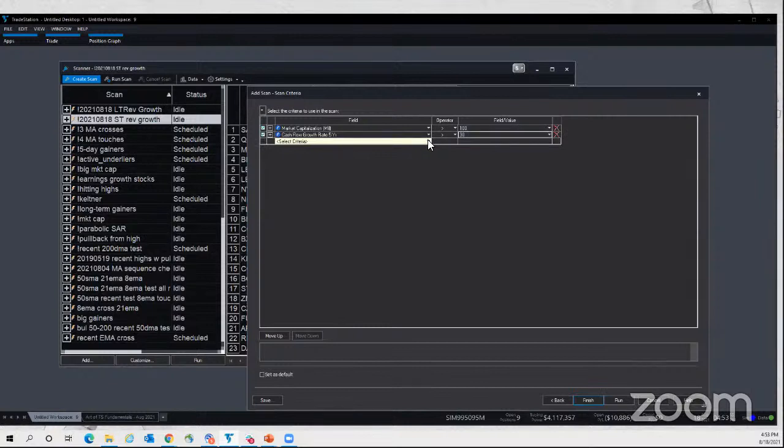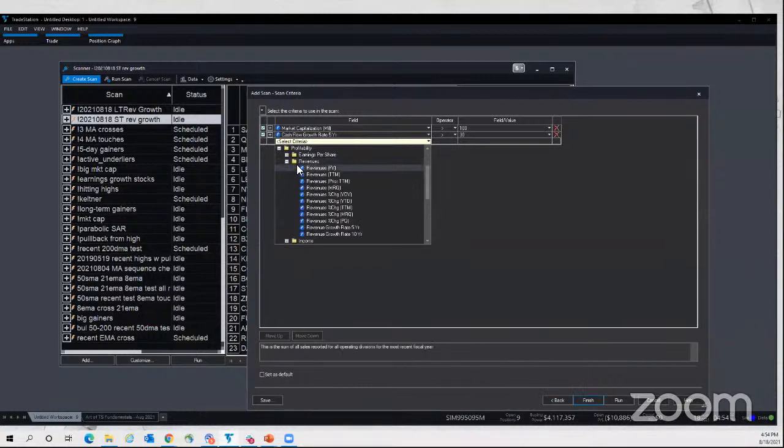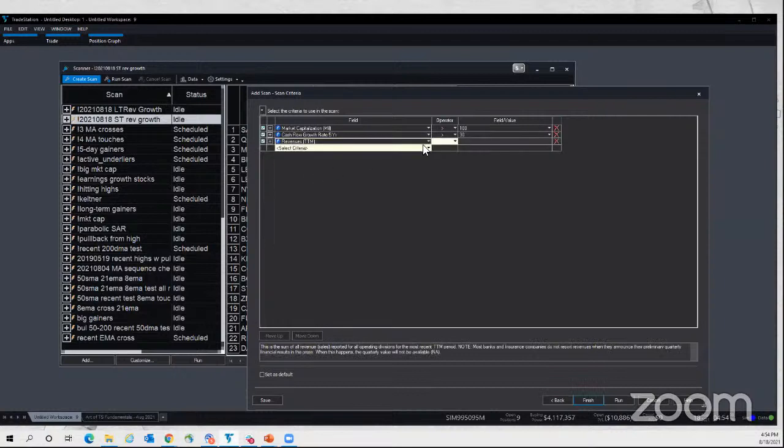Once again, we also want to make sure that the company actually has a decent size of revenue. So we go back to profitability, we go to revenues, and then we're going to go to revenue TTM greater than 1,000. Revenues TTM greater than. And also, I put the wrong number there.